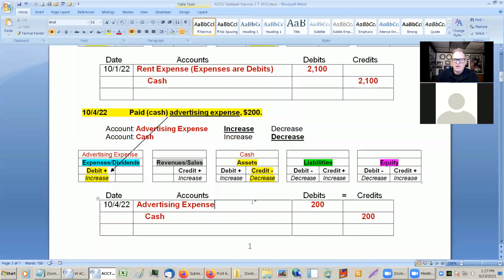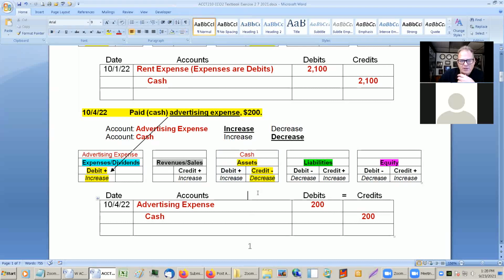So if we run into an expense, we say yippee. Why? Because checking down here, expenses are always debits. It gets debited. Whatever goes on the other side is going to be the credit. And there's a reason for it, but if you just want to make the journal entry, you really don't have to go through this.